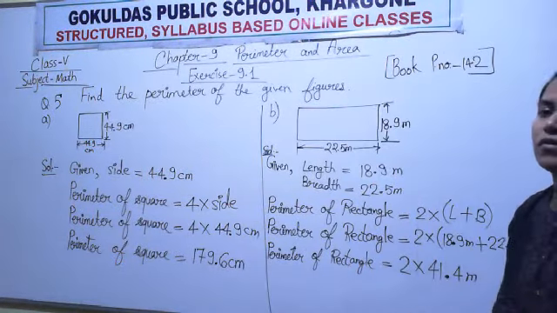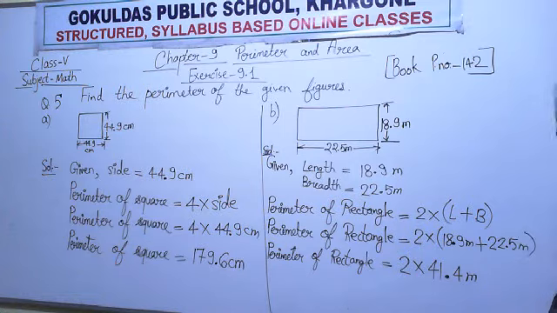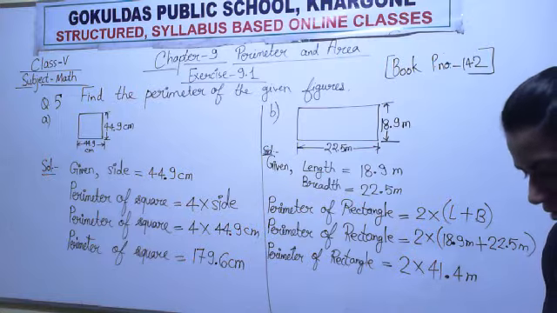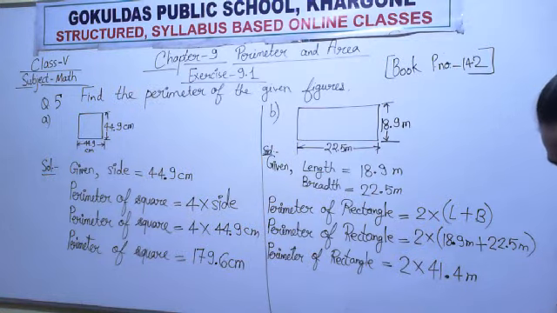Now what will be the next step? In next step we will multiply 2 with 41.4 meter. And when we multiply, what we will get? We will get our final result. So multiply both the numbers.